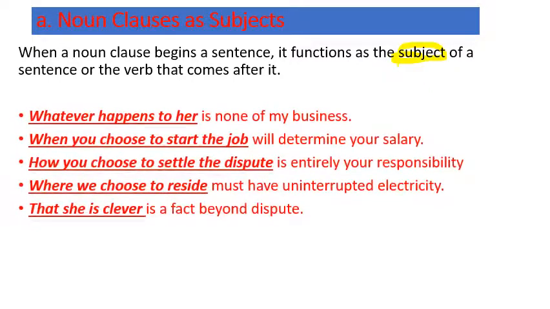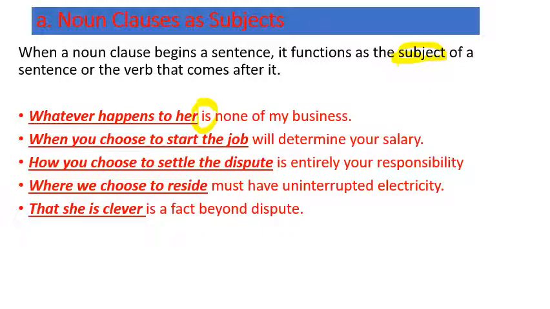Let's look at the following sentences. Whatever happens to her is none of my business. Where is the verb? Let's look for the verb. The verb is "is." This is the main verb. Pay attention, students. It is not "happens," the main verb here.